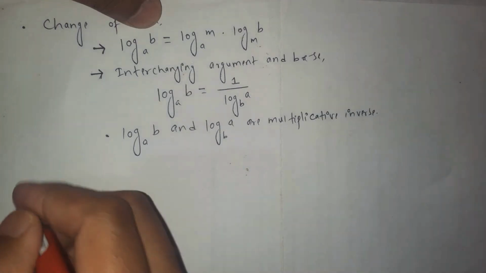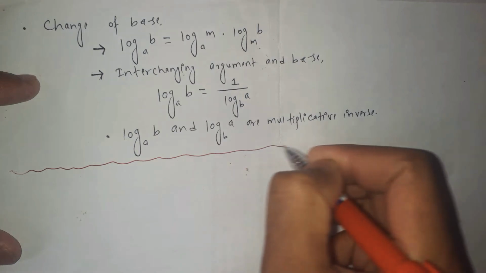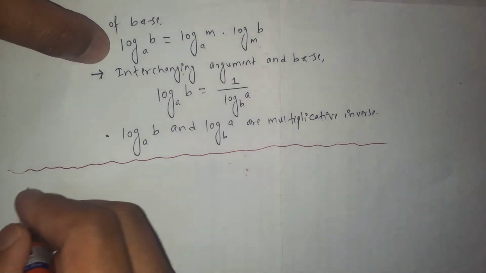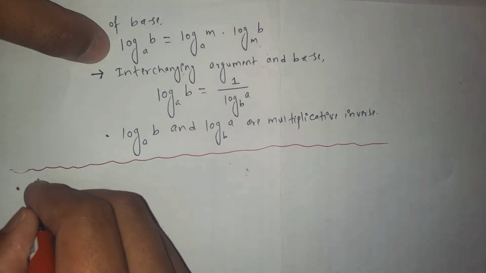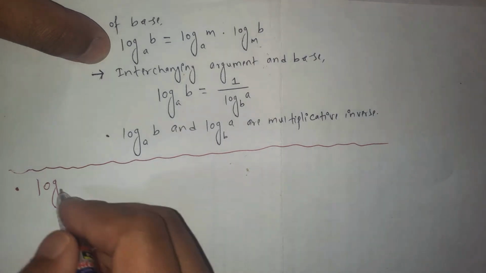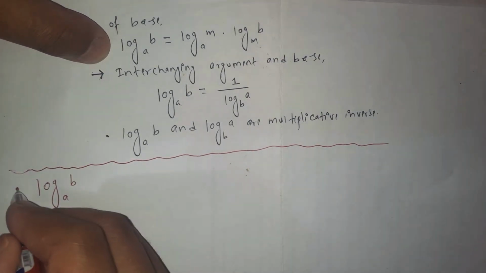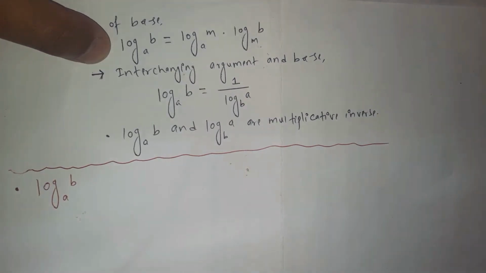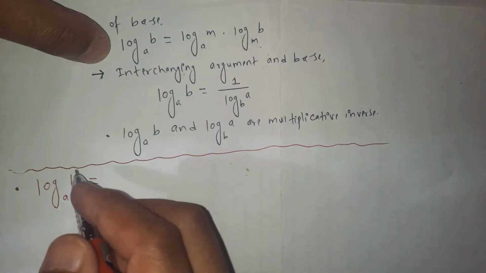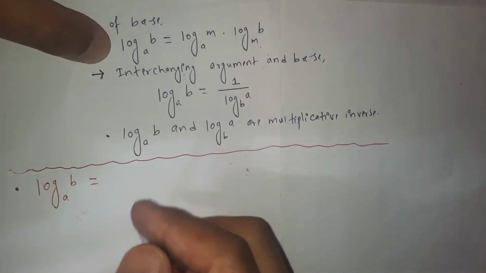And in this video, we are going to discuss a remaining property of the logarithm with the proof. The property is the log of number b with base a. This is the logarithm with base a of number b, and this can be written in the form of the logarithm with a base of our wish.